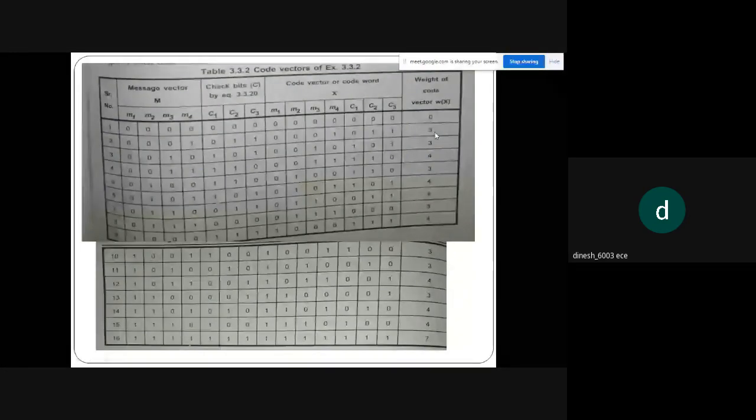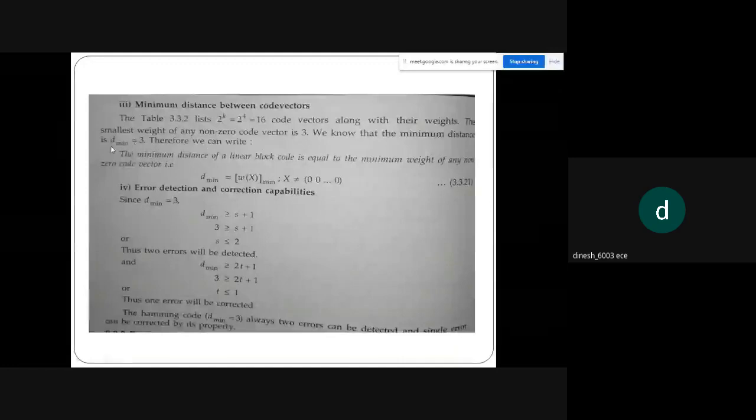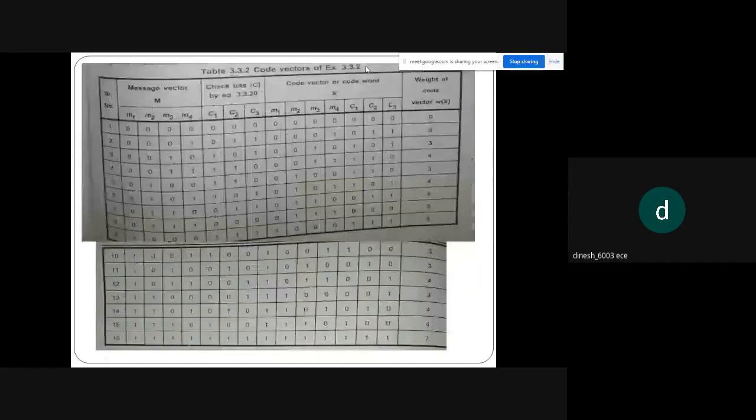So we can write that the minimum distance of the linear block code is equal to the minimum weight of any non-zero code vector. Minimum distance is 3. This is why I had determined the weight of the code also.